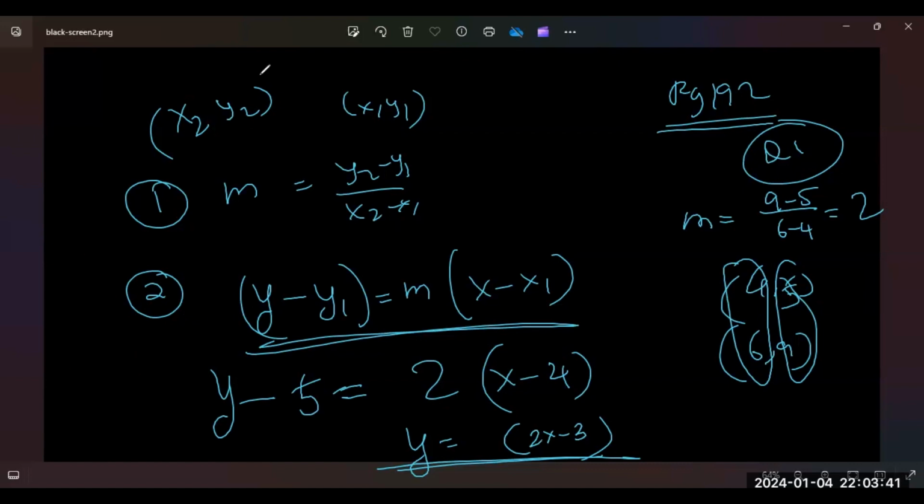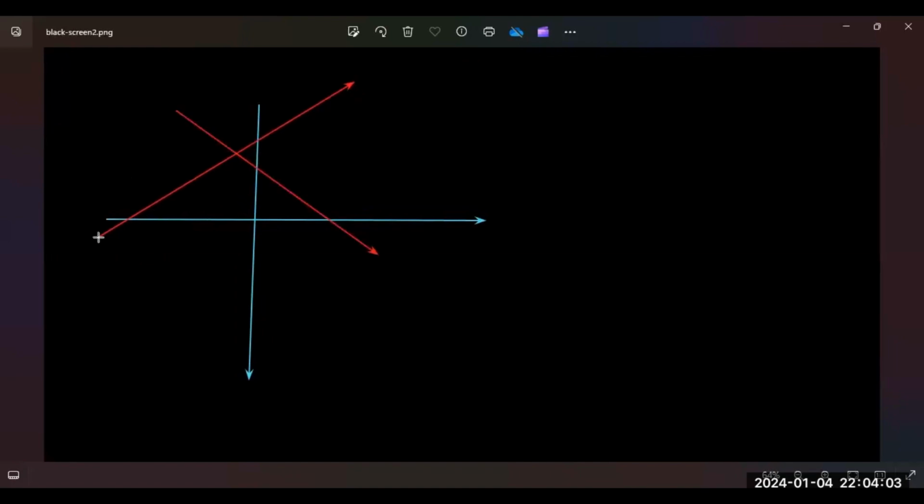Everybody got it? Yes, sir. Great. The next point I want to raise is, what do you do when two lines are parallel or perpendicular? So this is the axis, and you have lines running like this and like this.